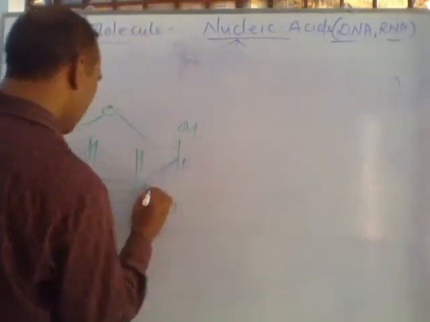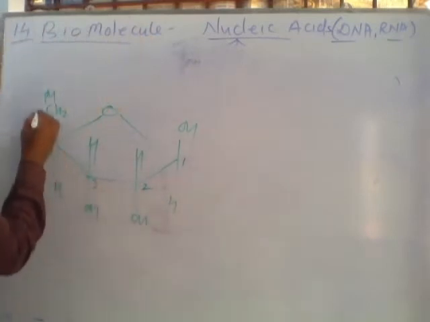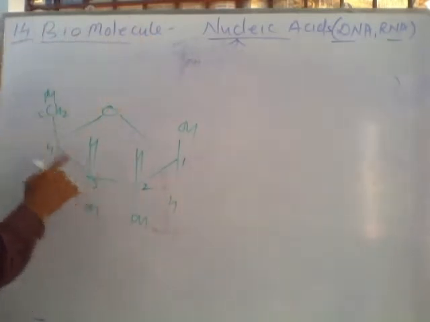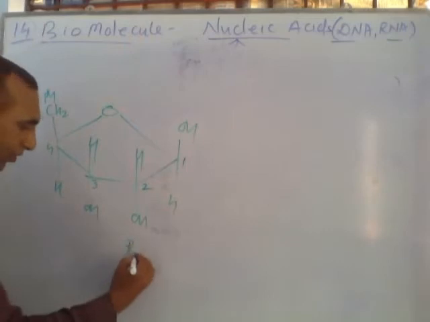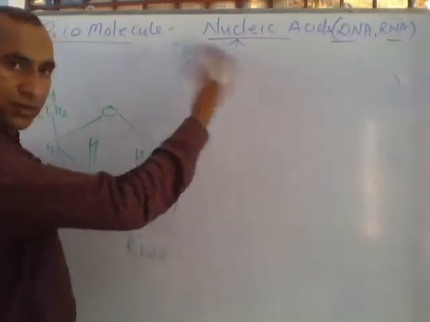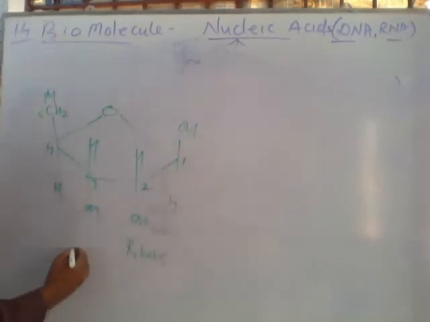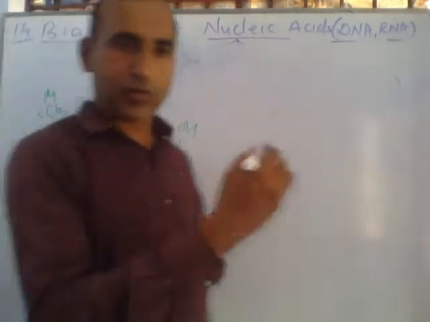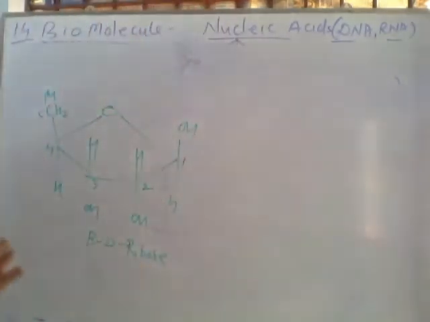Starting here 1, 2, 3, 4, 5, and there is O. So this is 100% ribose. But on the first carbon OH is above the plane. This is called beta ribose, and we write beta D ribose. So this is actually a sugar.